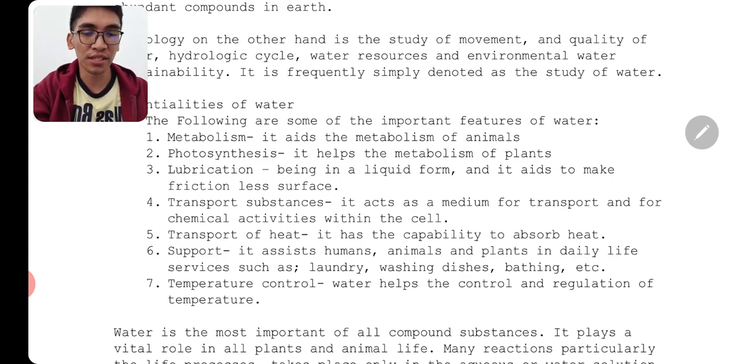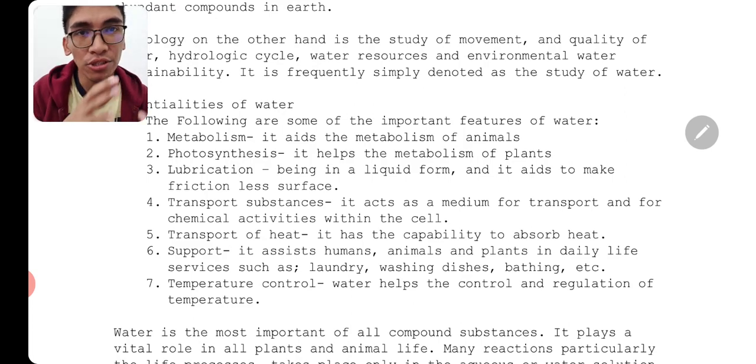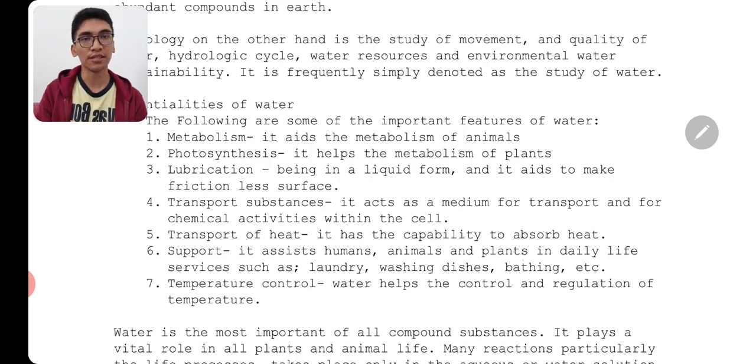Radiator has this coolant sa loob. Or the previous coolant that they are using is the water. Kasi it absorbs heat from the internal combustion chamber of the engines. Yung engine gumagana kasi merong apoy doon sa loob ng engine or merong heat.